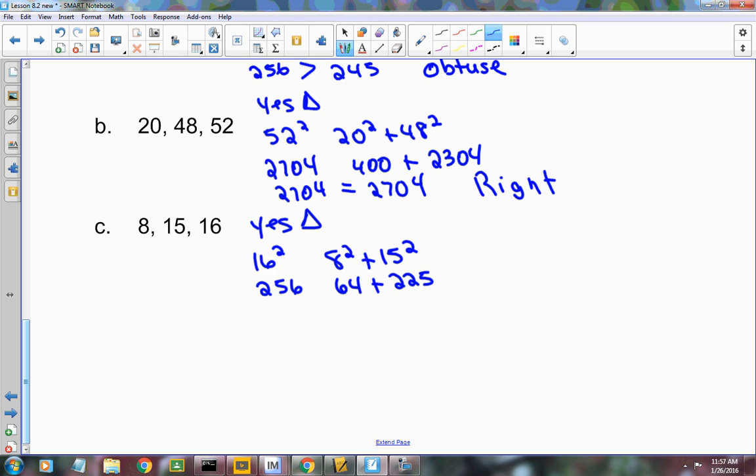So if I add those together, 64 plus 225 gives me 289. The other side is 256. Well, that's less than 289, so what kind of triangle is this one? Acute.